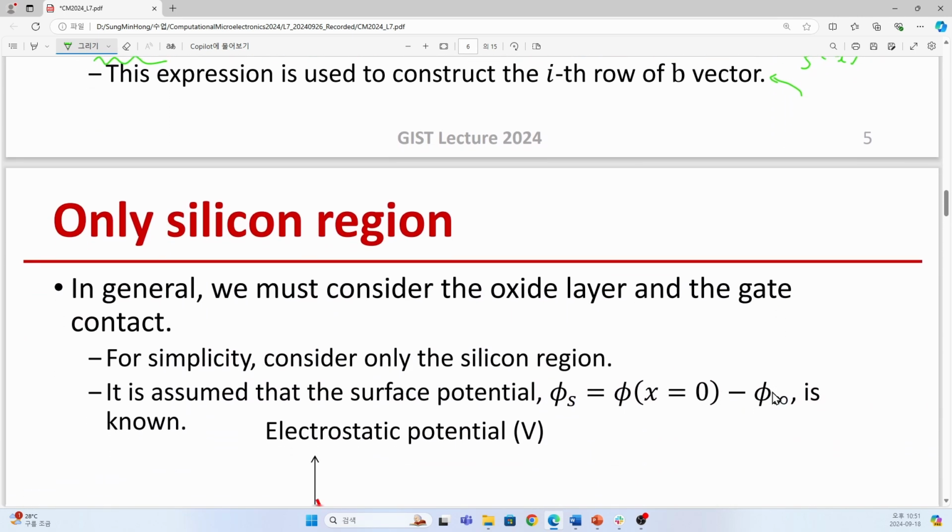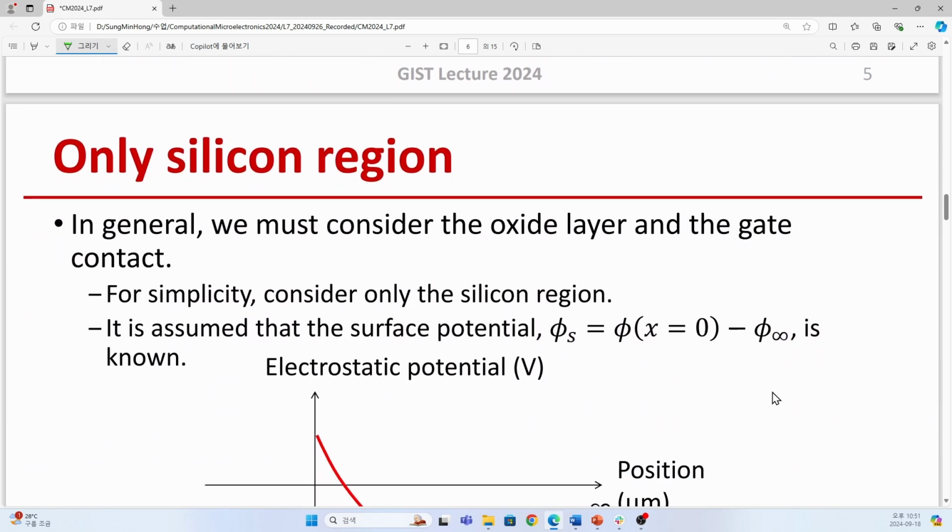Of course, in order to apply this to a realistic case, we must consider, for example, a MOS capacitor. So now we can consider the oxide layer and also the silicon layer, and this entire system can be numerically analyzed. However, in this lecture 7, in order to make our life as simple as possible, we will consider only the silicon region.